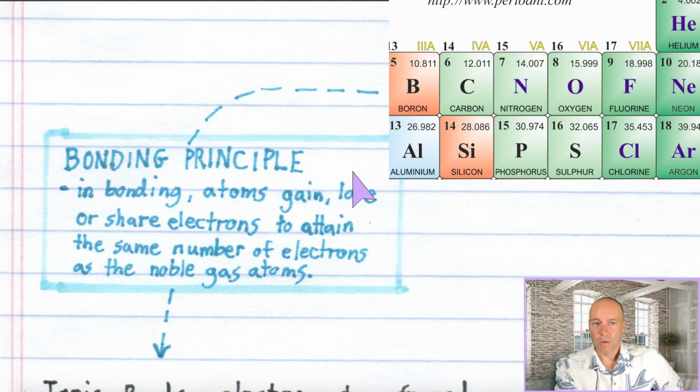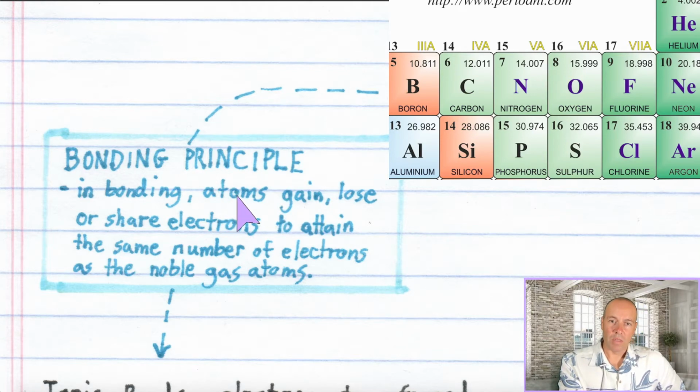So other atoms want to change their numbers of electrons in order to have the same number as the noble gas has. Other atoms say, wow, I want to be like that noble gas atom, so I'm going to maybe gain an electron.